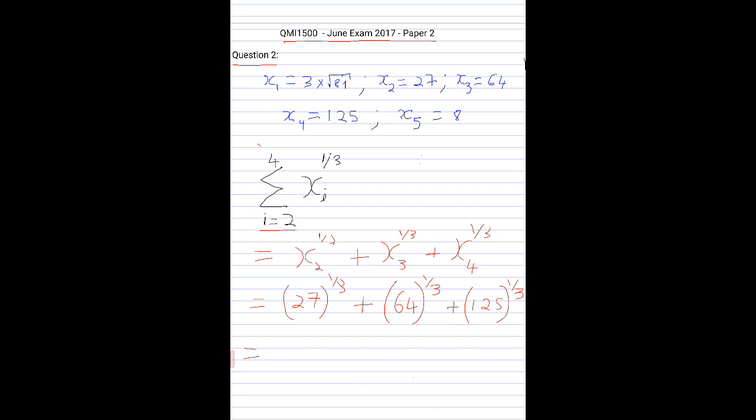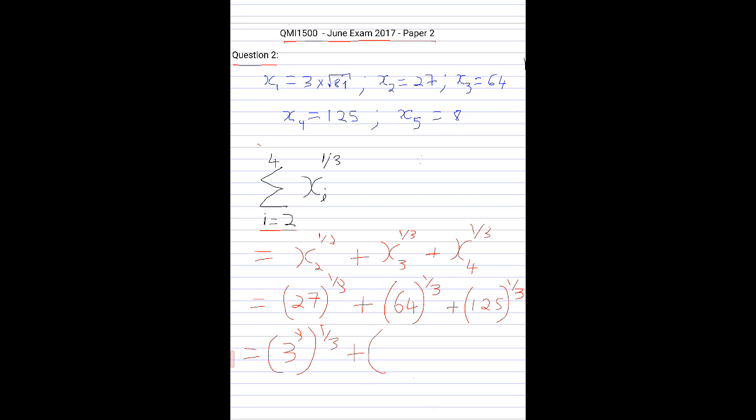It tells us that maybe we should look at the values inside the brackets and see if there's a way to simplify them. Now, if you think about it, 3 times 3 is 9, times 3 is 27. So the 27 can easily be put as 3 to the power of 3. Similarly, 64 is 4 times 4, which is 16, times another 4, which gives us 64.